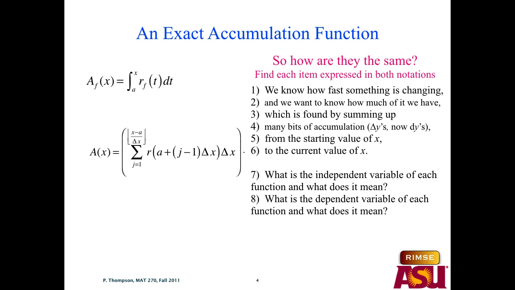So this last question: what's the dependent variable of each function, and what does it mean? Well, the dependent variable is the entire thing; we can call it a sub f of x, or a of x. In context, maybe use accumulated weight of sand approximate, or accumulated weight of sand exact.